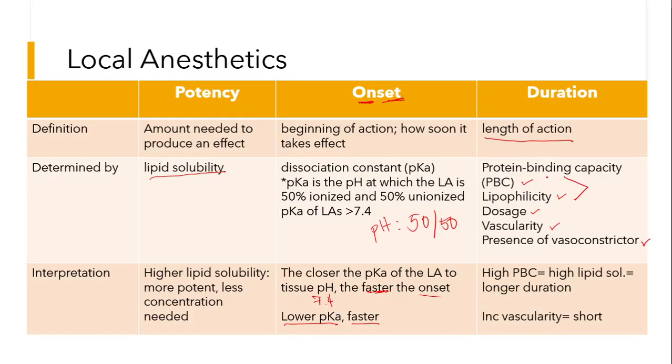If there's an increase in protein binding capacity, then chances of it crossing your membrane barrier is also great. So high protein binding capacity, high lipid solubility, it means longer duration of your anesthetic. It means it can work for hours, or it can work for a greater amount of time compared to those with lesser protein binding capacity. Okay.